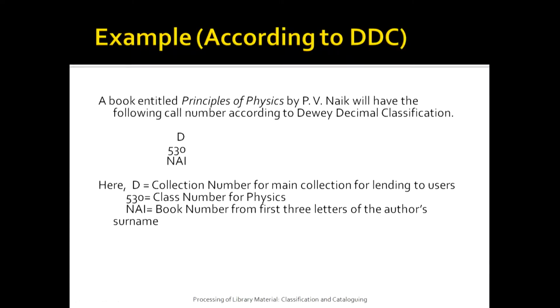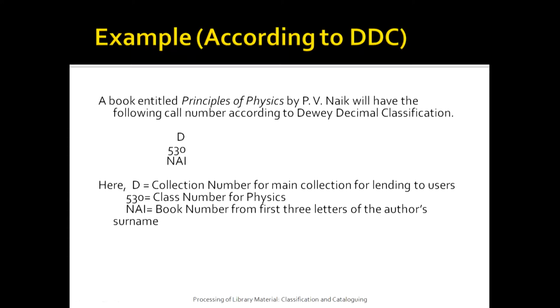Let's take a look at an example according to Dewey Decimal Classification. A book entitled Principles of Physics by the author P.V. Naik will have the following call number according to Dewey Decimal Classification. It will be D 530 NAI.